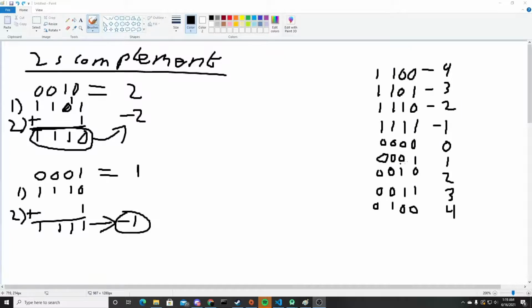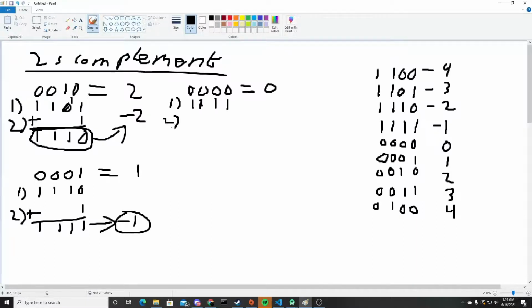Something to notice here is that one of the benefits of 2's complement is that we get rid of the negative 0 that we had with 1's complement. We know that 0 in binary is represented by 0, 0, 0, 0, which equals 0 in base 10, or decimal. If we tried to translate this to 2's complement, the negative 0, for step 1 we would flip all the bits, so 1, 1, 1, 1.